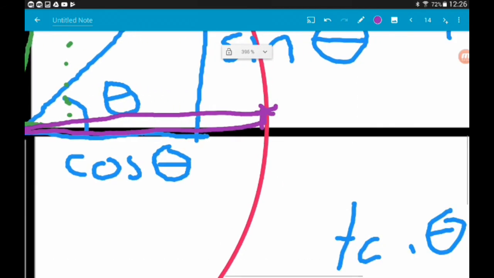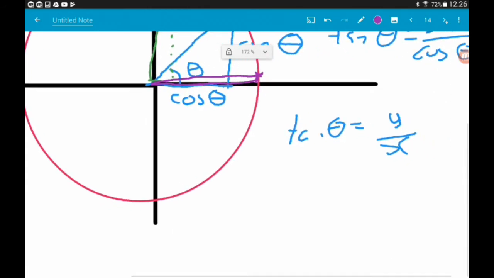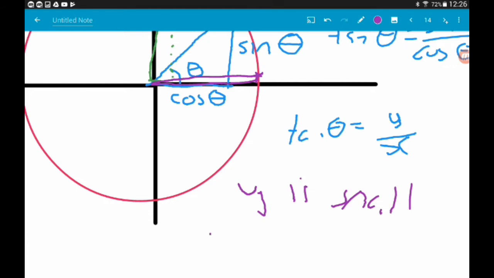So at this point, again, remember I can't draw, at this purple point, this time the y value is small and the x value is large.